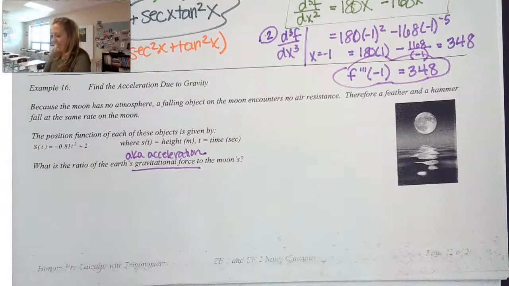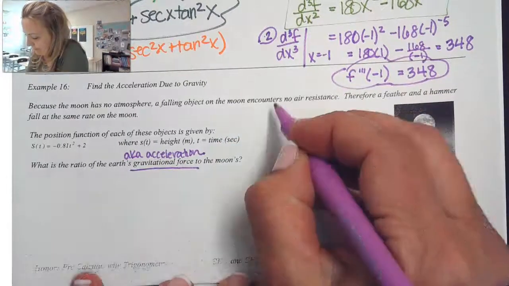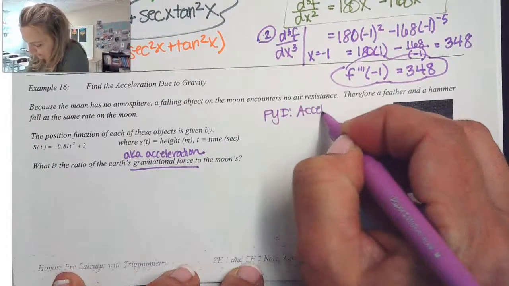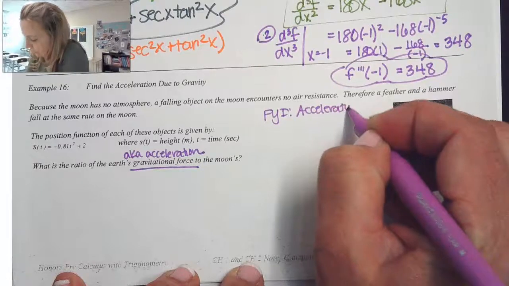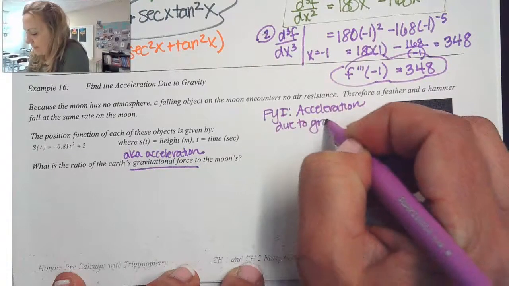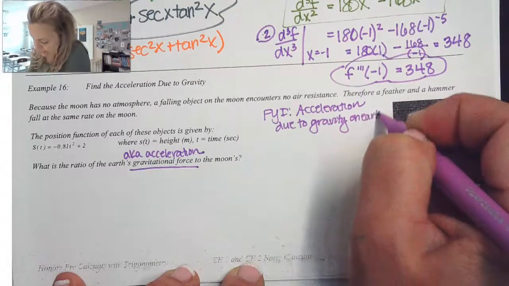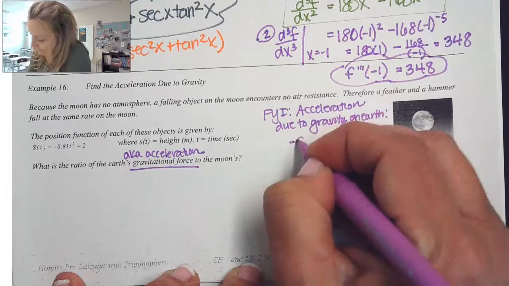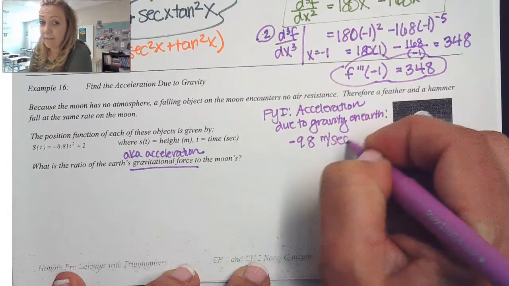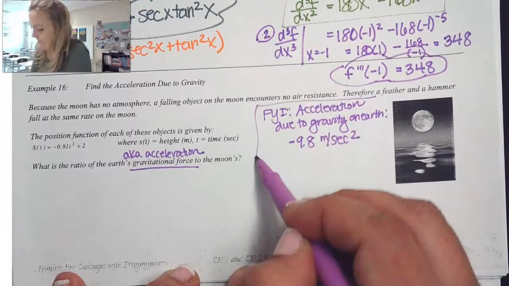And just a little FYI, the acceleration due to gravity on Earth, we've discussed this before, is -9.8 meters per second per second. Look, I said it right. I'm growing up, guys.